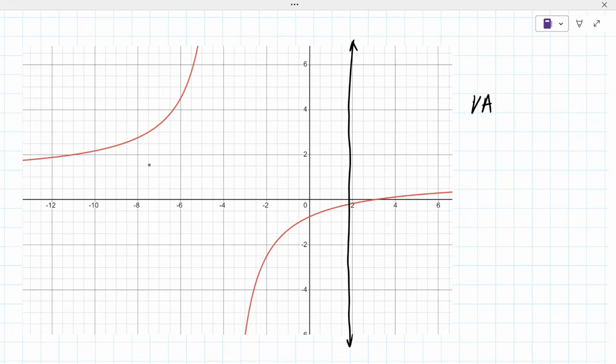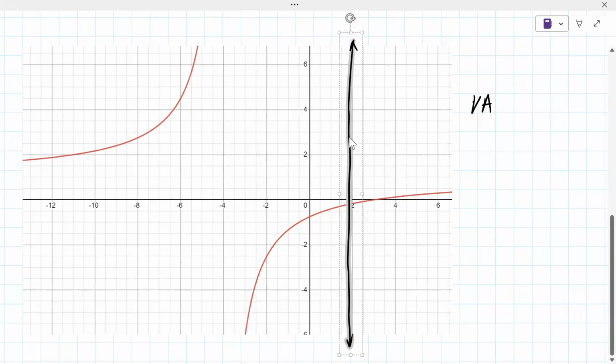Well, it can't be. It can't intersect the graph. So you've got to pick something that does not intersect the graph. Okay. That's going to be a -2?